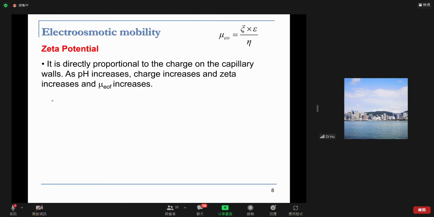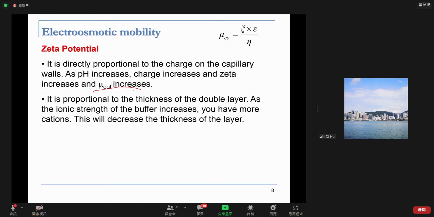So the zeta potential is directly proportional to the charge on the capillary wall. As pH increases, the charge on the wall increases, with more charged sites. The mobile phase neutralizes part of it, but because there is more charge, more is left for the diffusion layer to neutralize, so the higher the zeta potential and the higher the EOF.